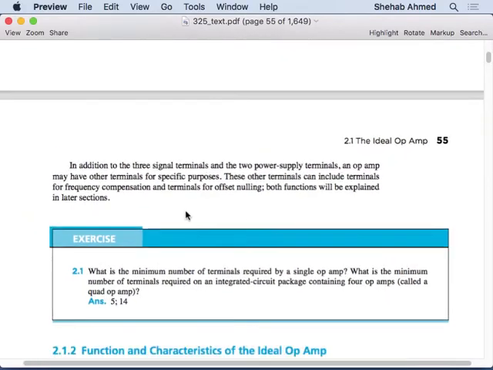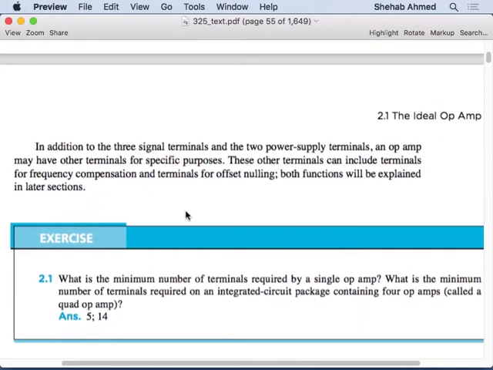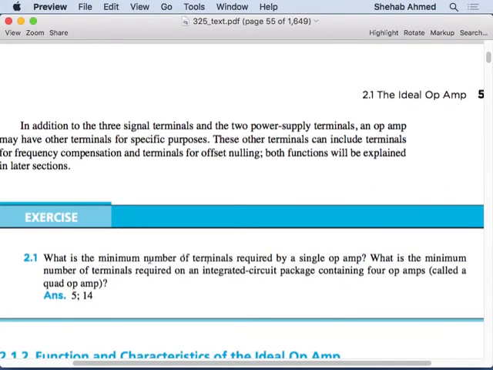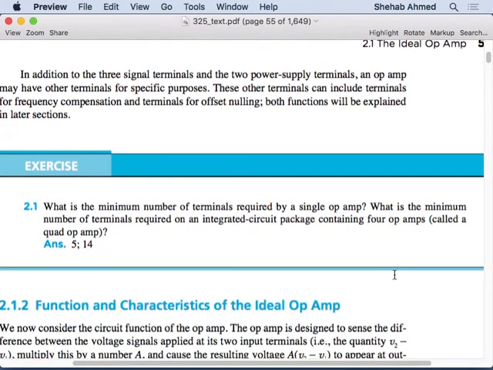So for example, this exercise: what is the minimum number of terminals required for a single op-amp? 5. So 2 inputs, 1 output, and 2 supplies. And what is the minimum number of terminals required for an integrated circuit package of 4 op-amps? 4 times 3 is 12, and 2 supply terminals makes 14.